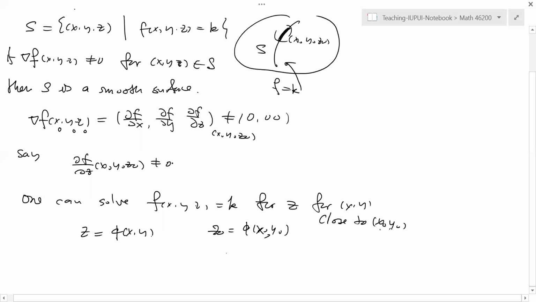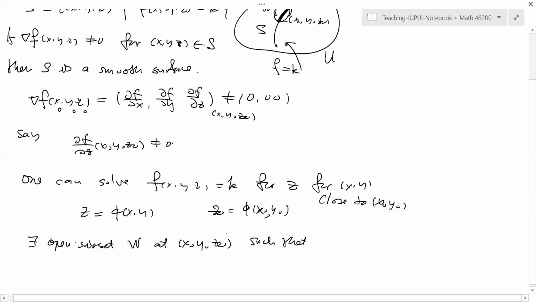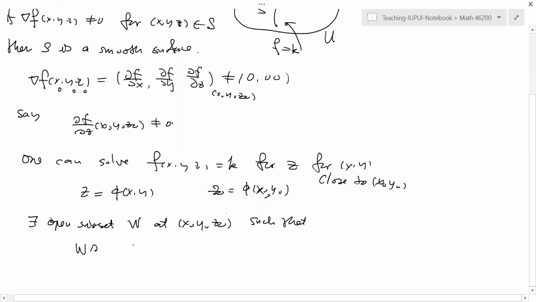This is an open set, but then there's a small open set we call W. So in other words, there's an open set W such that the surface is a graph of phi.